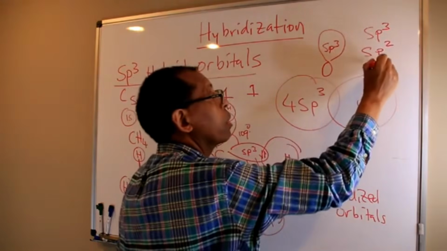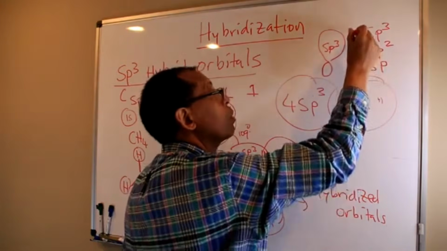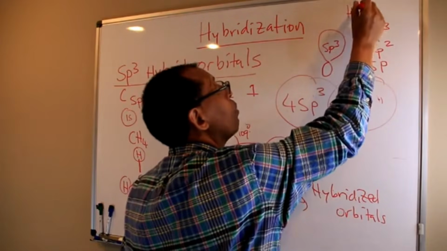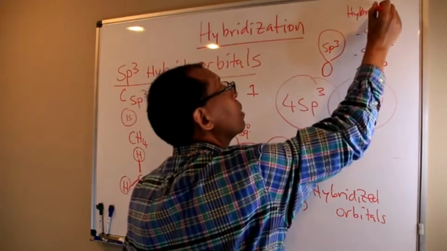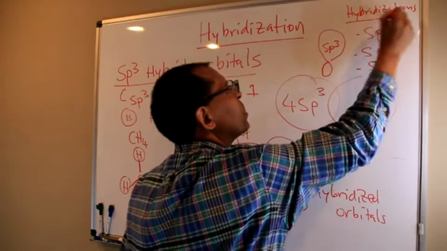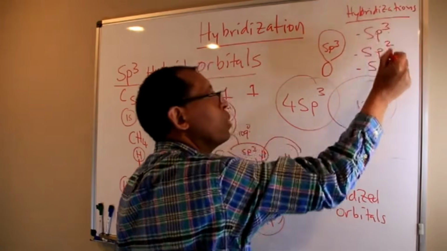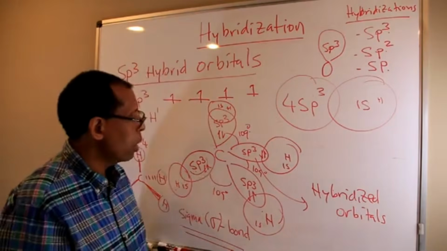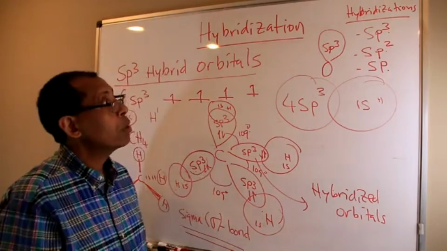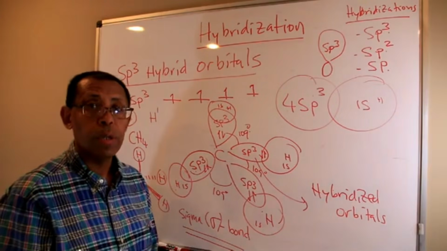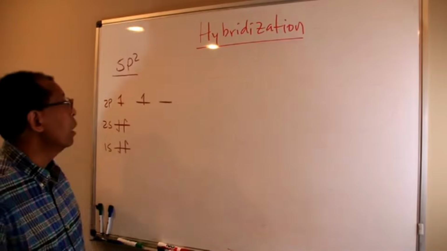There is also another called sp. So these are the types of hybridizations that are possible: sp3, sp2, sp. Since we have just finished the discussion on sp3, I will pass on in the next section to sp2 hybridization. Discussion continues.